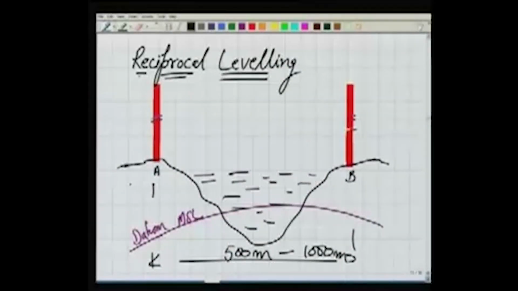Then in addition to this, there is a problem now, because we know somehow the RL of A. Okay, so HA is known to us, and we want to determine HB. Well, how to do that? If you are using the split level or the leveling instruments, how to perform this exercise? That we have to see now.